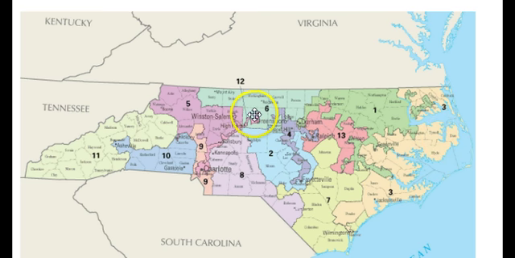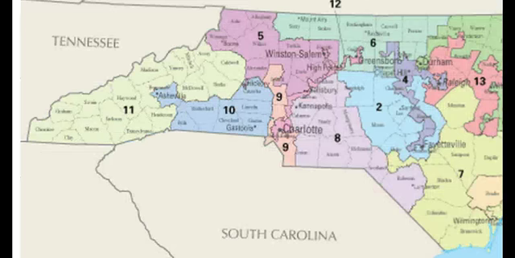But if you look at this congressional district here, number 12, that's an awfully funny looking district. Let's zoom in on that for a second. This is a reasonably famous district here, the 12th district, that has Greensboro and comes down through here all the way to Charlotte, and it pretty much follows I-85.